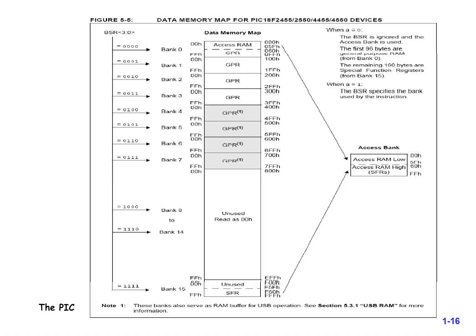This is a detailed memory map of the file registers. Here we can see that we have 15 banks, and each bank is of 256 bytes.